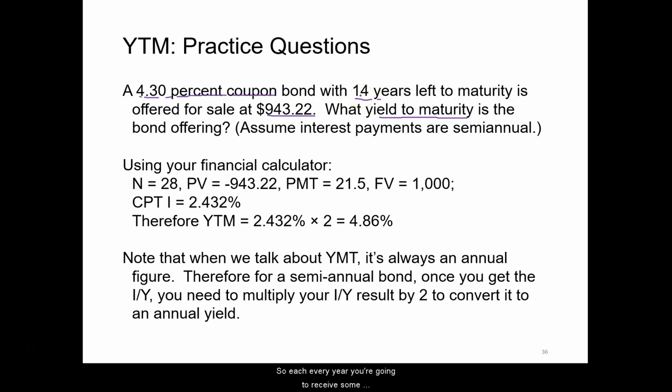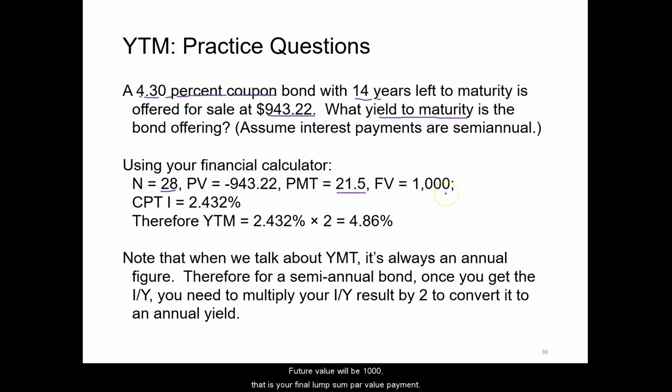Every six months, you're going to receive coupon payments based on the 4.3% coupon rate, and at the end of the 14th year, you'll receive $1,000. So 28 payments, because that's 14 multiplied by 2. Each payment is $21.50, based on 4.3% multiplied by 1,000 and then divided by 2.